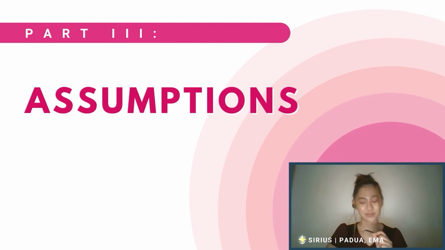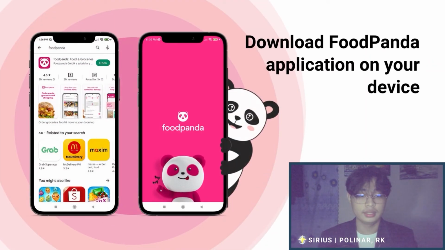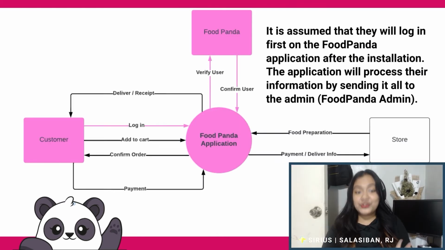Since we are done with the brief history of the panda, we will now proceed to its assumptions. First of all, the level 0 context diagram that we created was based on Food Panda online food delivery services. Here, the customer should install the application first on their device. It is assumed that they will log in first on the Food Panda application after the installation.